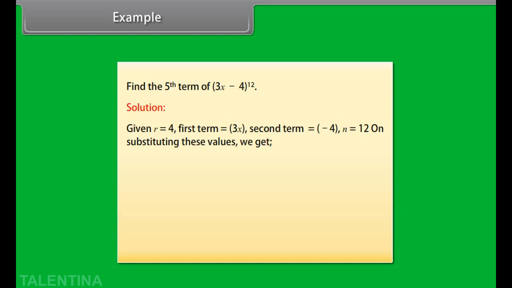On substituting these values, we get T5 is equal to 12C4 into 3x raised to the power 8 into minus 4 raised to the power 4. On solving, we get 83,140,9920 into x raised to power 8.